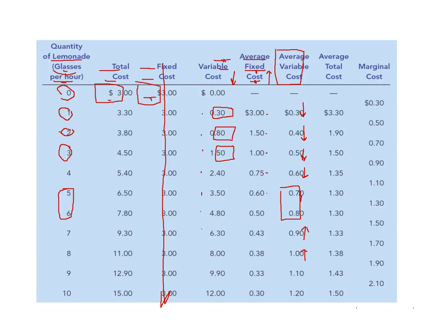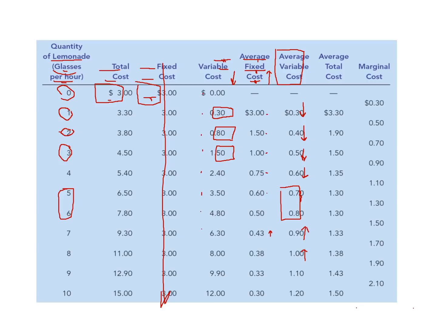Again, that's because the variable cost per unit, which we would call the average variable cost, is increasing in this particular example. It's not always going to be the case, but in this example, it's increasing. We can also look at the marginal cost.